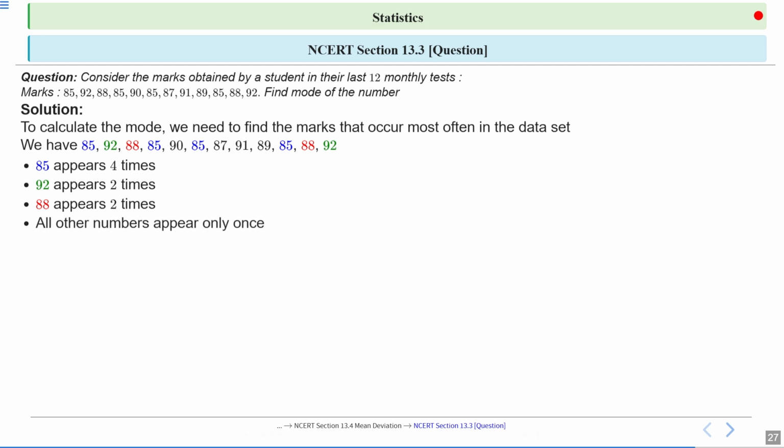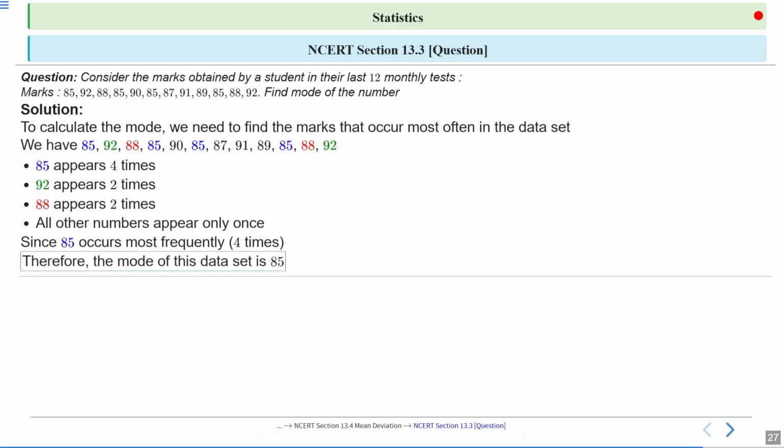All other numbers appear only once. So 85 occurs most often in the dataset. Since 85 occurs most frequently, that is 4 times, the mode of the dataset is 85. I hope this question is clear to all of you.